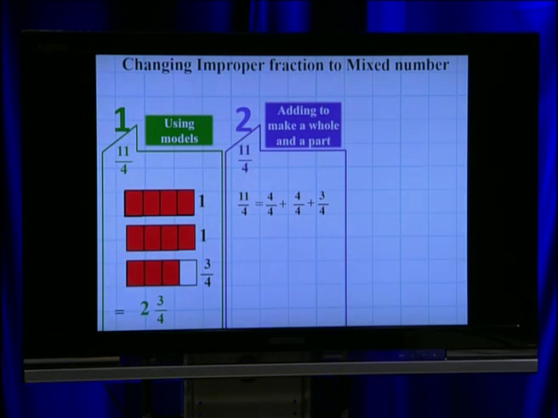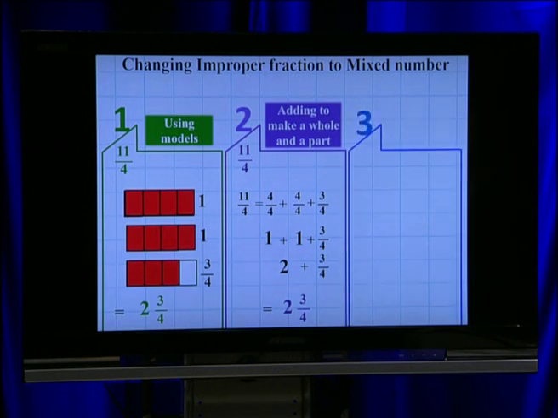Now you add them as 4/4 give us one whole, the second 4/4 gives us the second whole, and we have a fraction left, that is the 3/4. 1 plus 1 gives us 2. We add that to the fraction. So our final answer is we have 2 wholes and a fraction 3/4, 2 3/4.